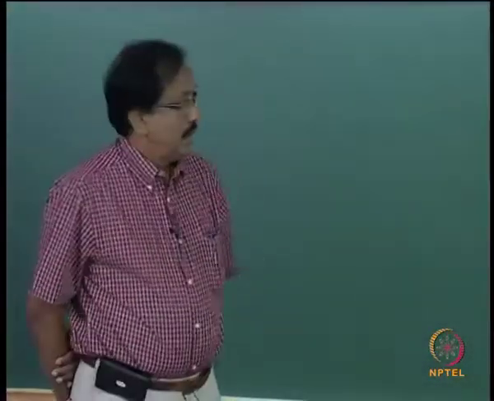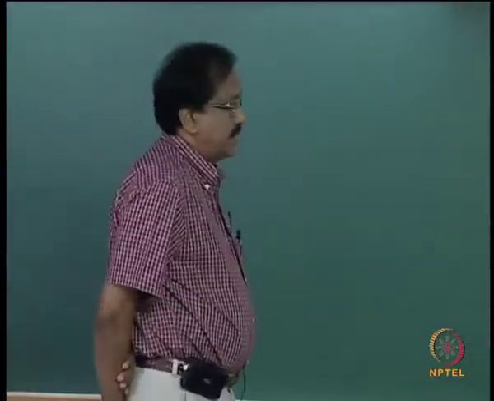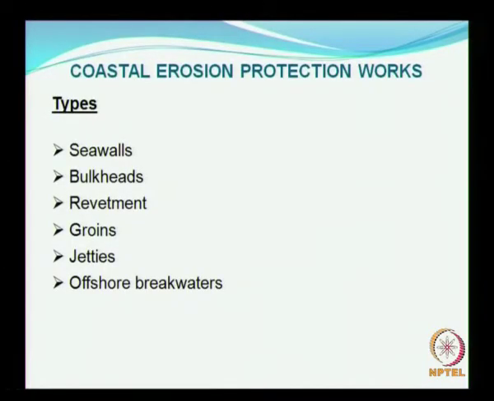When you look at some of these structures, for example, sea walls, bulkheads or revetments or even groins and breakwaters, the type of material you use is almost the same, like dumping of rocks, and there is a specific way of designing the structure, and the formula which you may be using may also be the same, but why are they having different names?